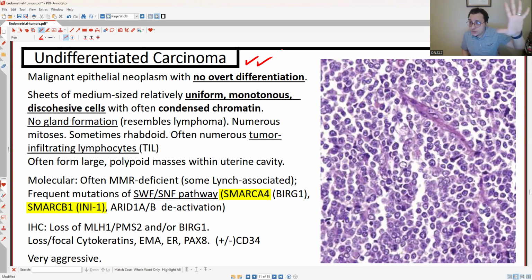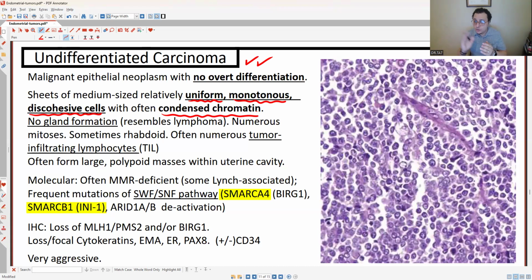And all these discohesive cells look very ugly. See, uniform, monotonous, discohesive cells with condensed chromatin, and it's not taking the shape of any pattern of an endometrial carcinoma that I know or I identify.